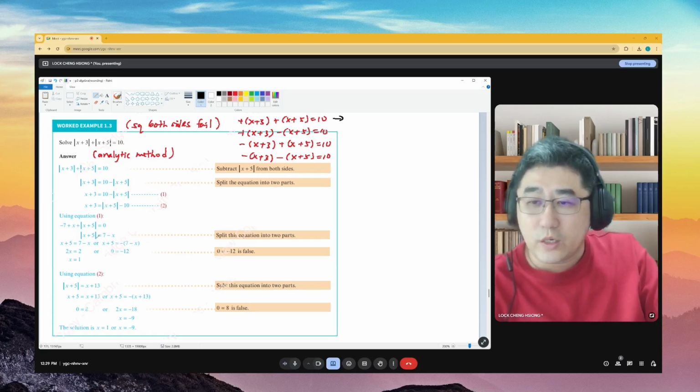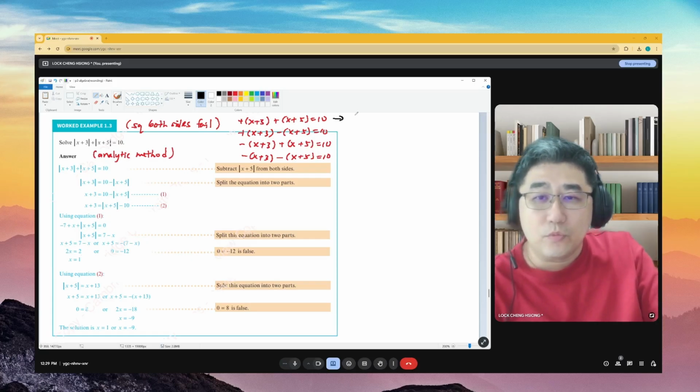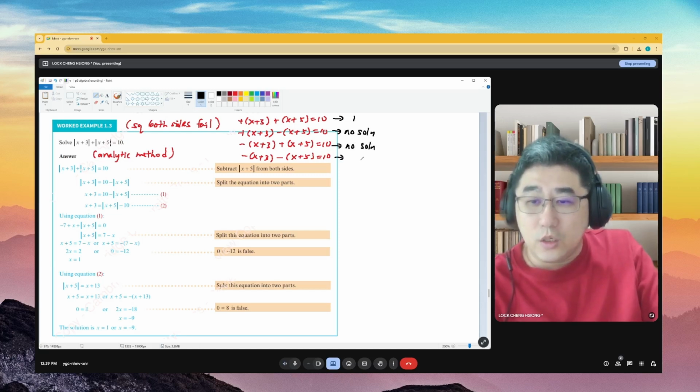This one gives us the answer 1. This one gives us no solution. This one gives us no solution, and this one gives us the answer minus 9.